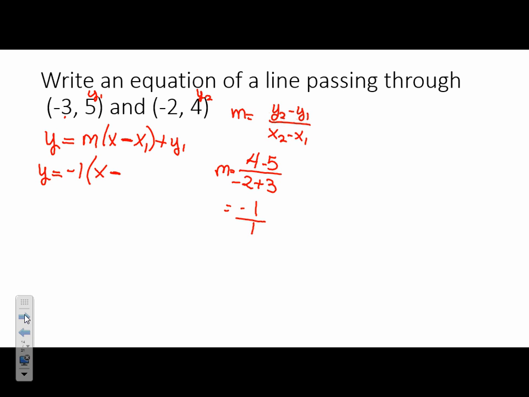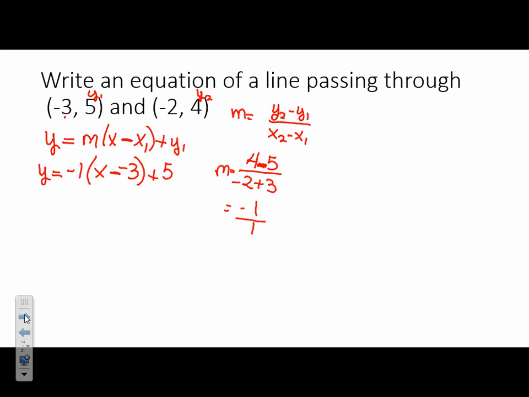Which coordinate's x? Which one are you using? -3. So if I take a minus and -3, it'll be a +3. And then I have to add my y coordinate. So I'm subtracting the x and adding the y. The negative here came from this -5.